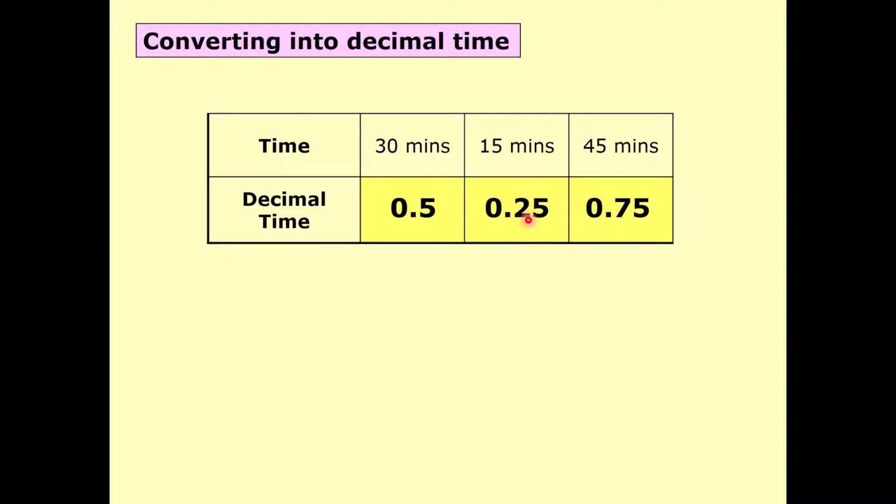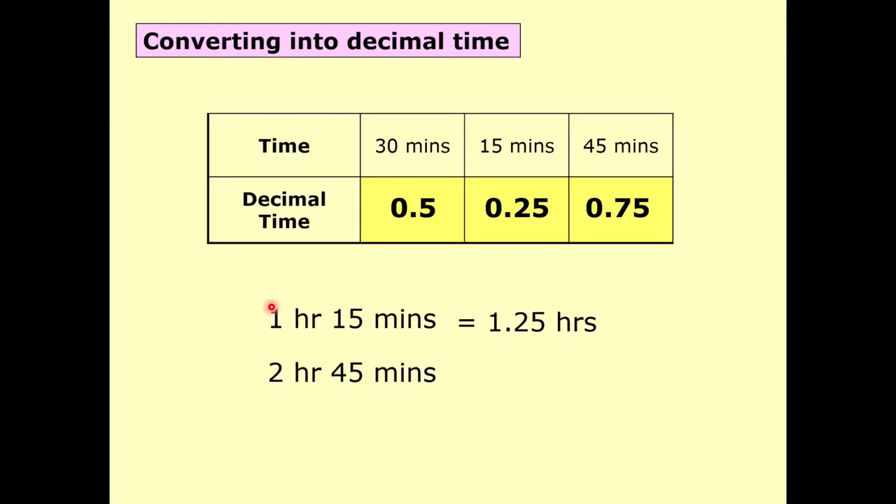What happens if we have 1 hour and 30 minutes? Or 1 hour and 15 minutes? We know that 15 minutes as a decimal is 0.25, and we just need to add on our 1 hour to get 1.25 hours. Let's say we want to work out 2 hours and 45 minutes. 45 minutes as a decimal is 0.75.